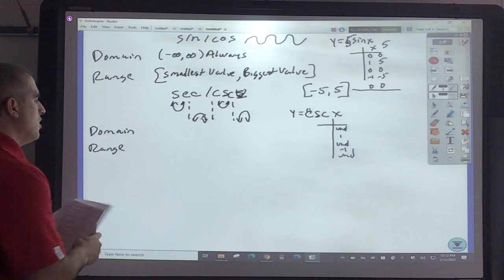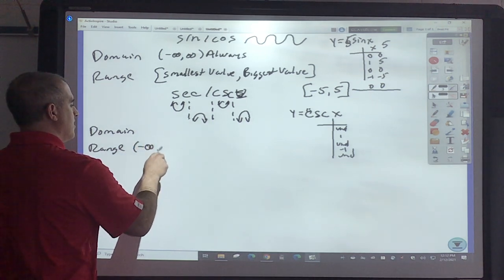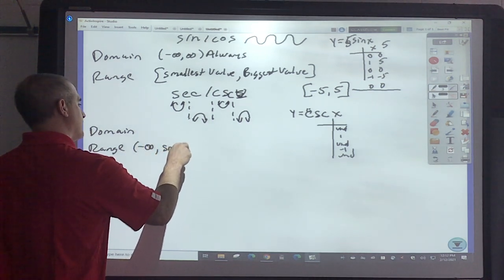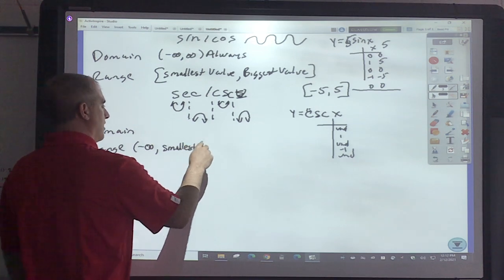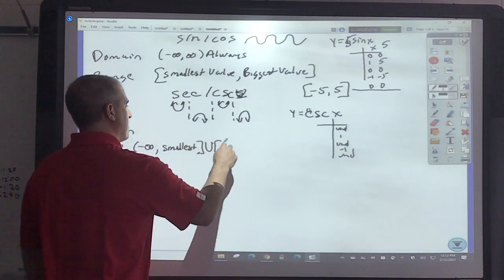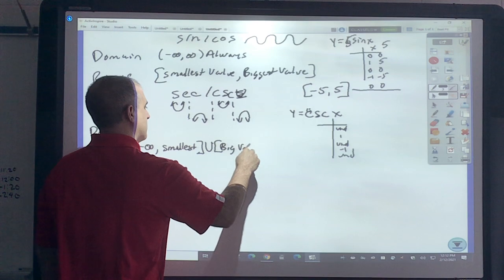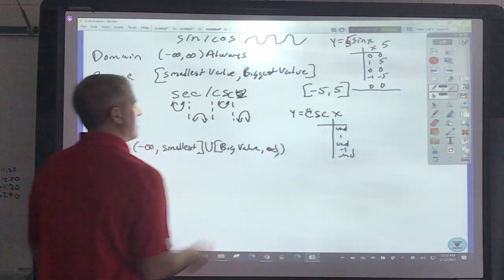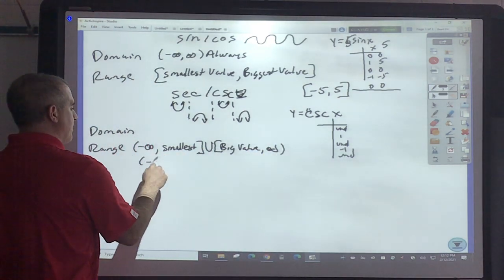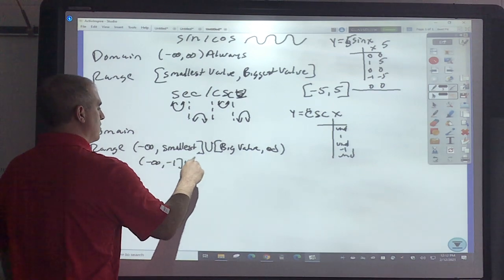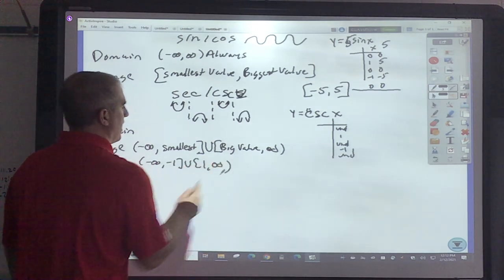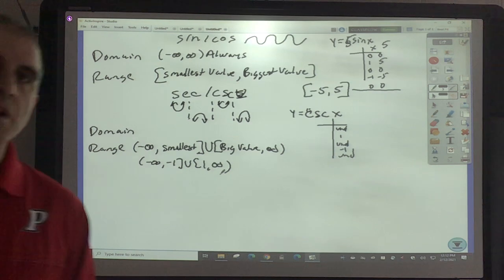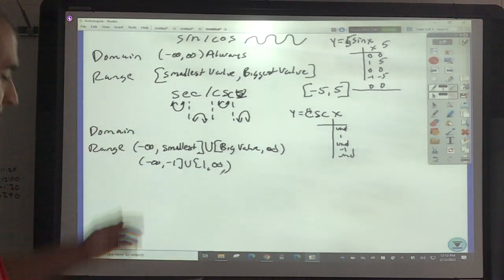So for the range, you do negative infinity to the smallest value, and then union from the biggest value to infinity. In this case, this would be negative infinity to negative 1, union 1 to infinity. So that's the concept there.